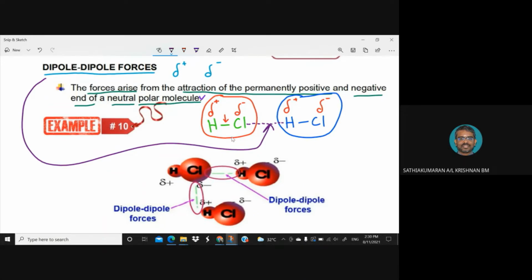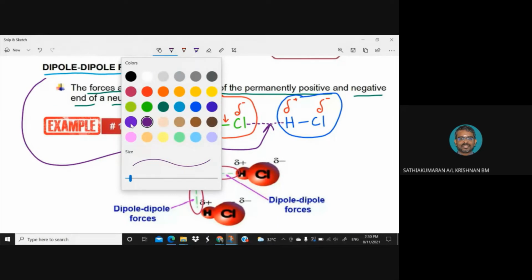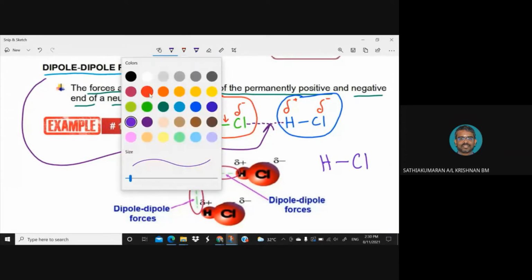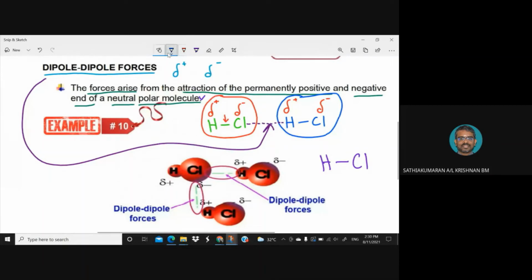Dipole-dipole forces. If there is another molecule beside this HCl, let's say I have another HCl here, with a dipole positive and dipole negative. So here will be delta positive, here will be delta negative. This is a polar bond, so this molecule is a polar molecule.